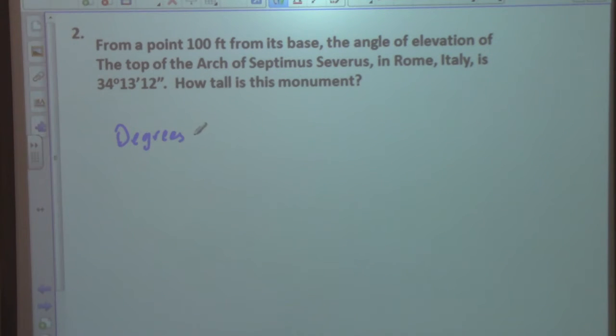Will explained it: 34 plus 13 over 60 plus 12 over 3,600. You add those together and you get 34.22 degrees, right? Yeah, I just forgot what numbers you're supposed to use. So we did this, right?